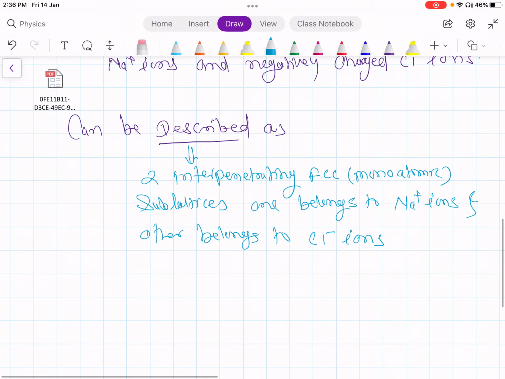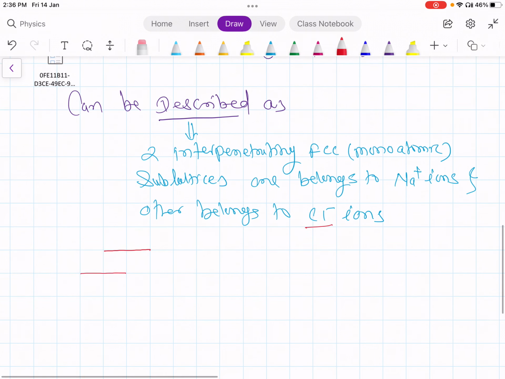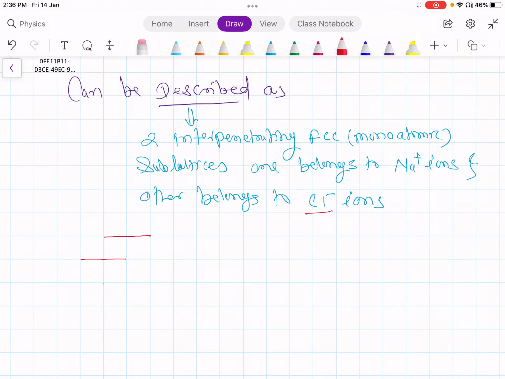Now, in each sublattice, we can draw one FCC unit cell. First I am considering the chlorine ion sublattice and drawing the unit cell in that. Instead of showing the lattice, I am only showing the unit cell.